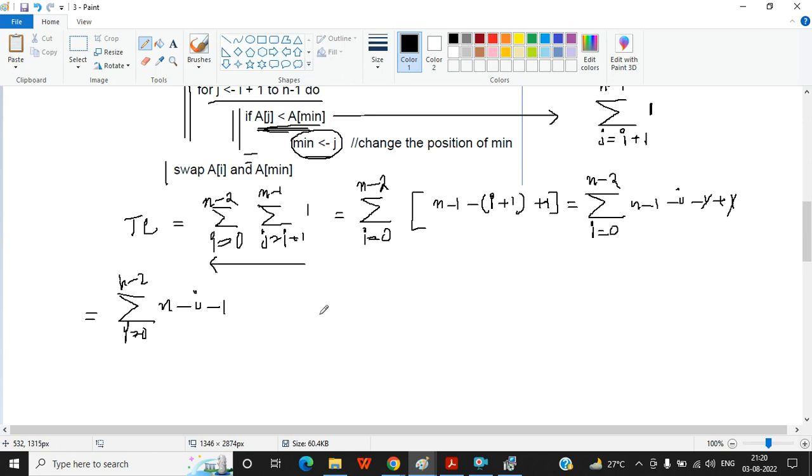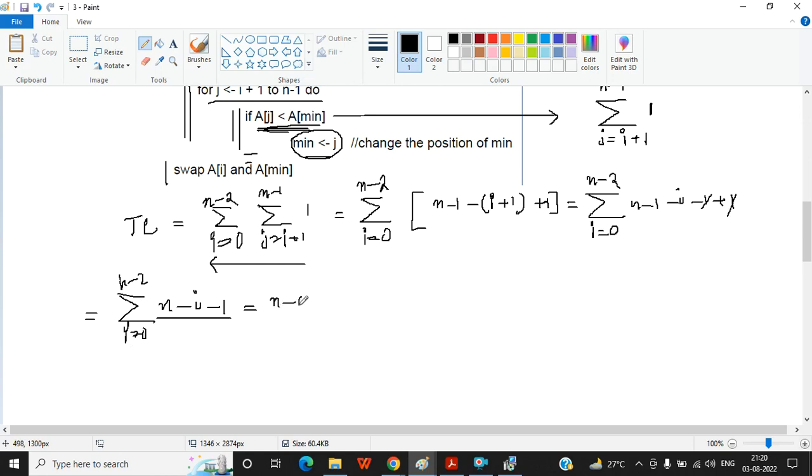Now, how can you expand it? It is the sum of all these numbers from i equal to 0 to n minus 2. So how can you calculate it?